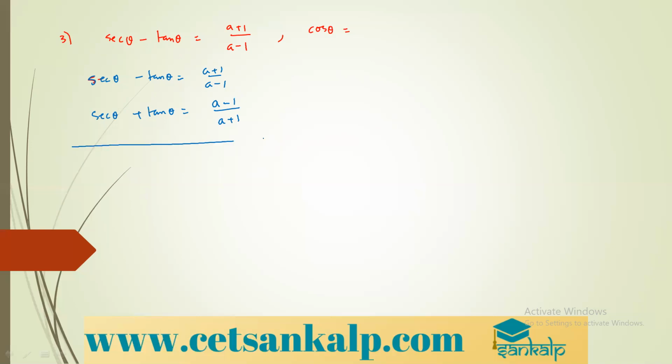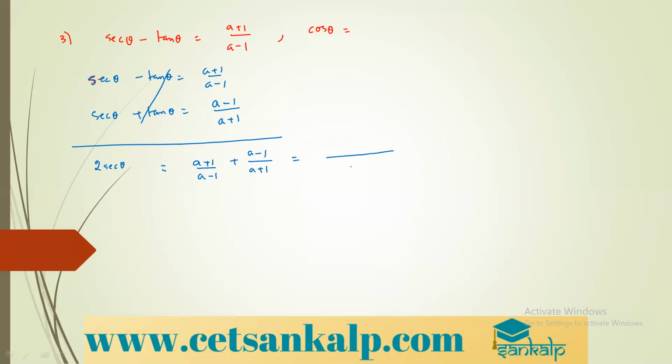Now, if you add these two, what will you get? On adding, tan theta will cancel. We will have secant theta being added 2 times, so I can write 2 secant theta. And here I will be adding a plus 1 by a minus 1 and a minus 1 by a plus 1.